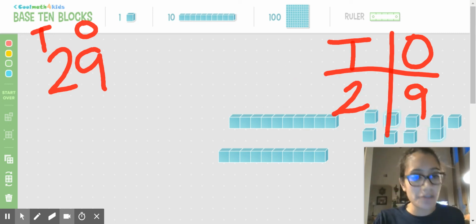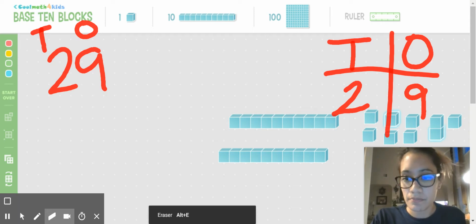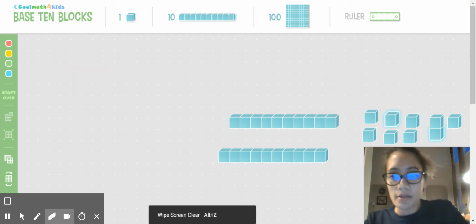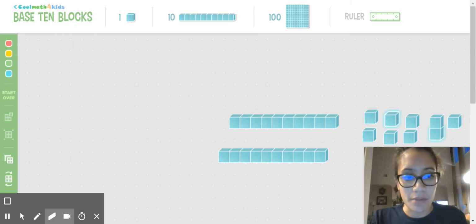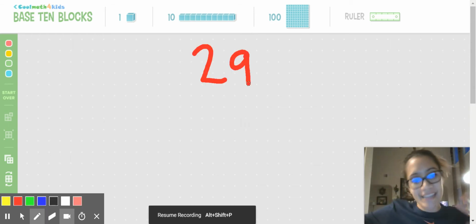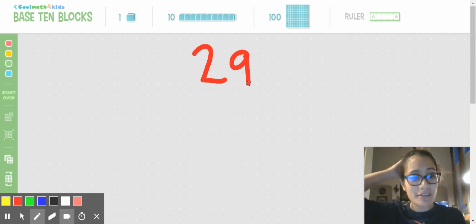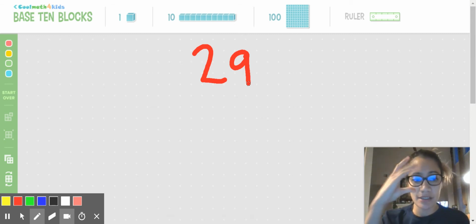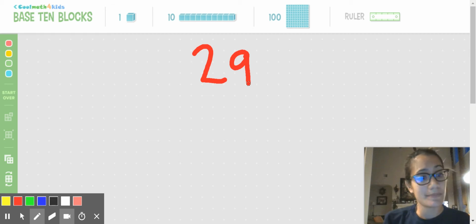Now I'm going to clear the board and we are going to come back for a moment as I erase everything. Okay, I'm back. Let's see, what are different ways that we can compose or decompose the number 29?